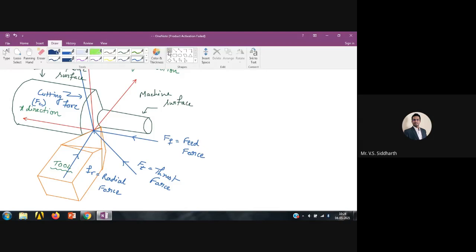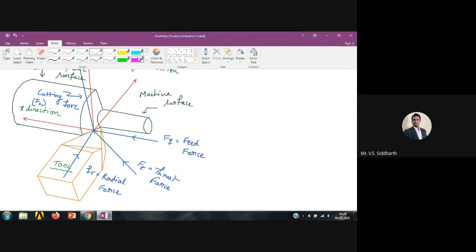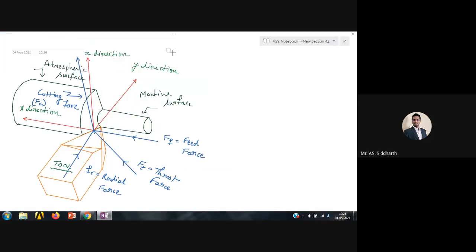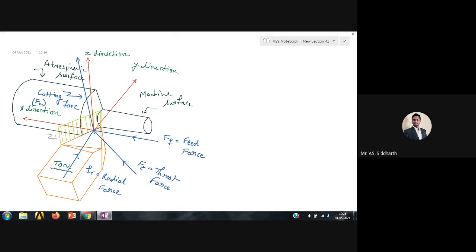Now you see what I am doing. Here, what is this plane? What is the name of this plane?